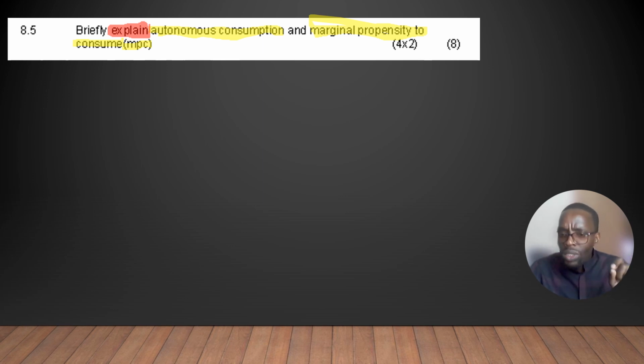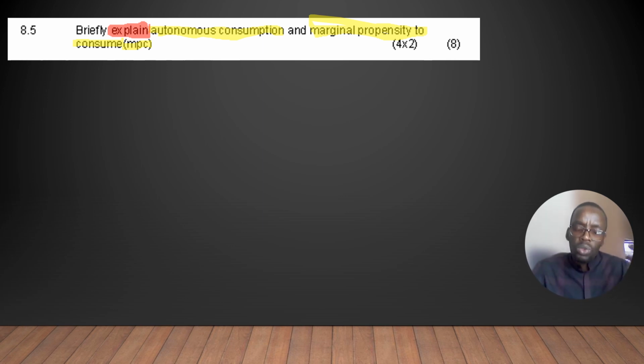What we also need to understand is, for us to be able to understand whether this is autonomous or induced, it has to have passed the test of whether it's going to be influenced by change in income. In other words, if we have more money, are we going to have any change? If we don't have any money, are we going to have any change?